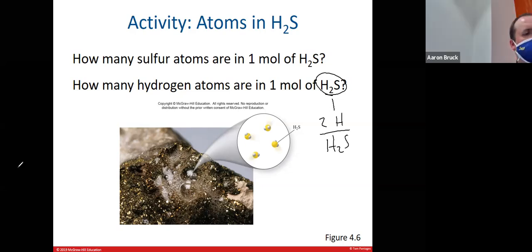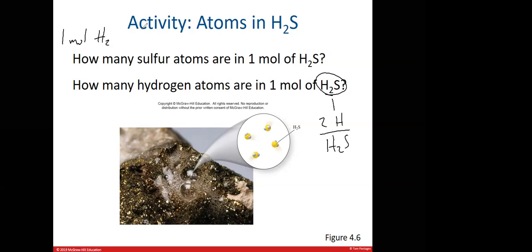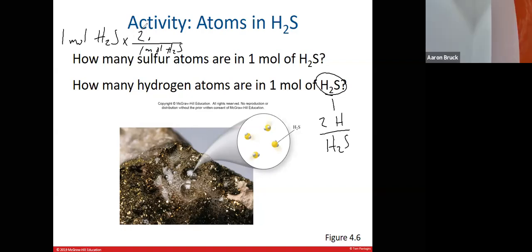So if I follow my dimensional analysis all the way through, 1 mole of H2S will give me 2 moles of hydrogen. 1 mole of hydrogen is still Avogadro's number of atoms of hydrogen.